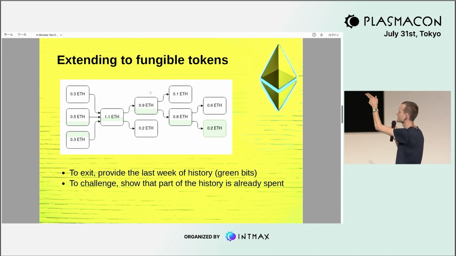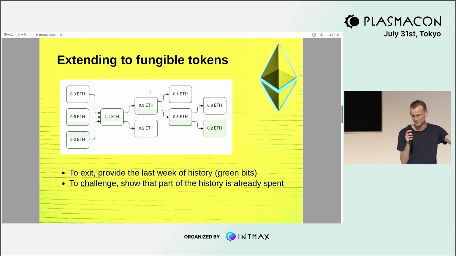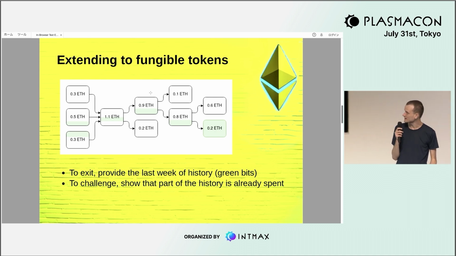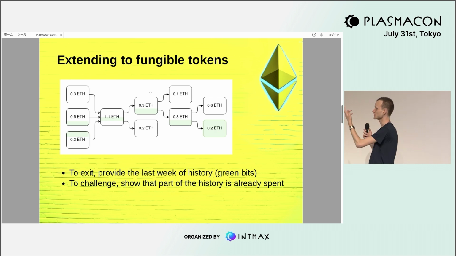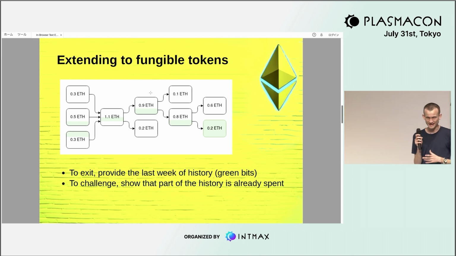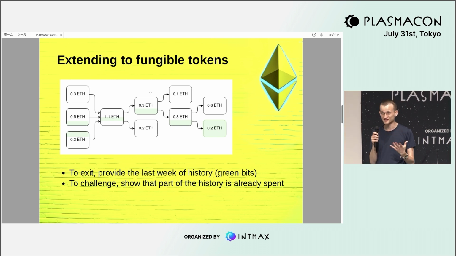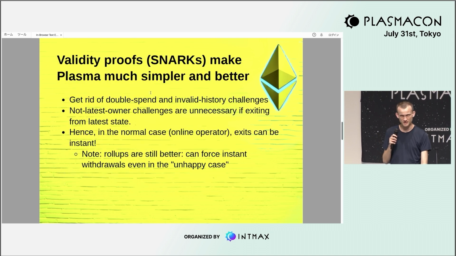You might have 0.2 ETH over here, and they came from someone else, who got them from someone else, and then they actually came from 2 different deposits, and then you keep going back. So there are different designs. Here, to exit, you can provide the last week of history, and then you could challenge by showing that any part of that history is already spent. So there are a lot of ways to extend this design to work well with coins.